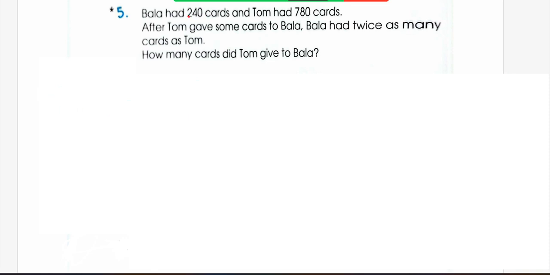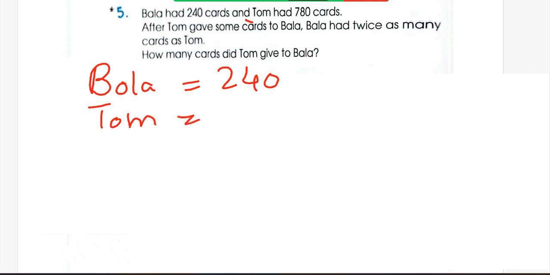Bola had 240 cards. I'm writing Bola had 240 cards and Tom had how many cards? 780.